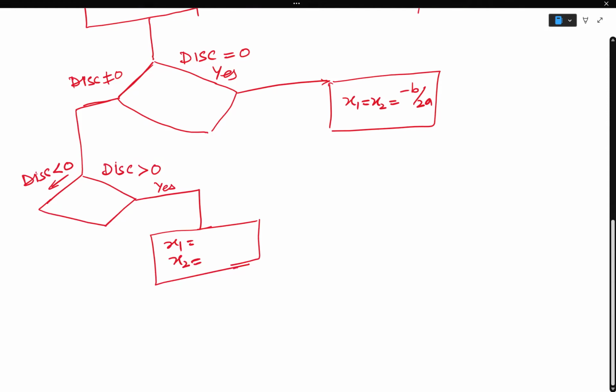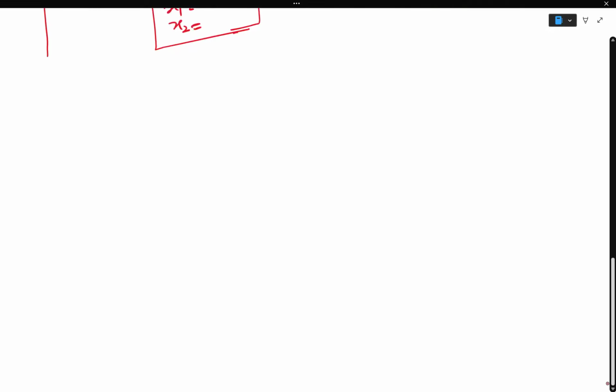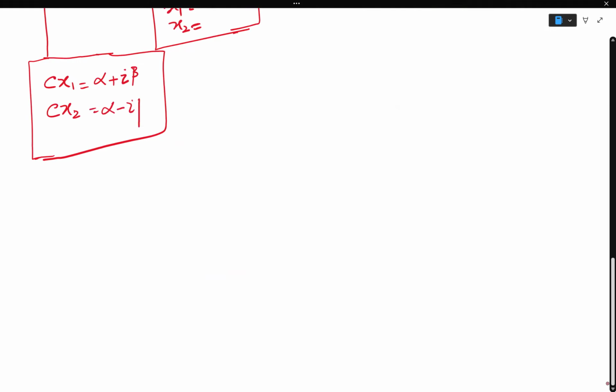So we will get the distinct values, and in case it is less than 0, then we have to calculate the complex roots cx1 and cx2, which are of the form alpha plus iota beta and alpha minus iota beta, right? So the complex numbers can be represented in the programming language.